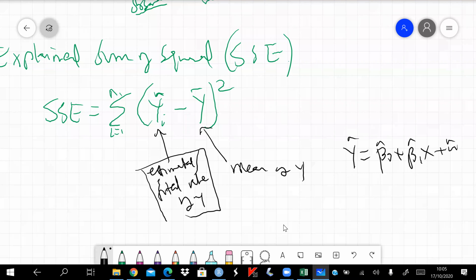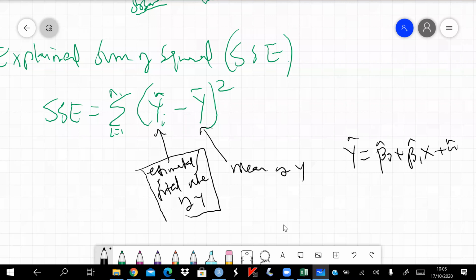When we go back to our Excel here, if you want to get the explained sum of squares, let me just call it SSE, you need to take your y hat.